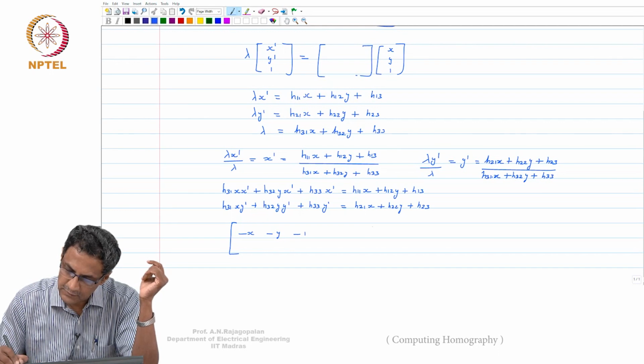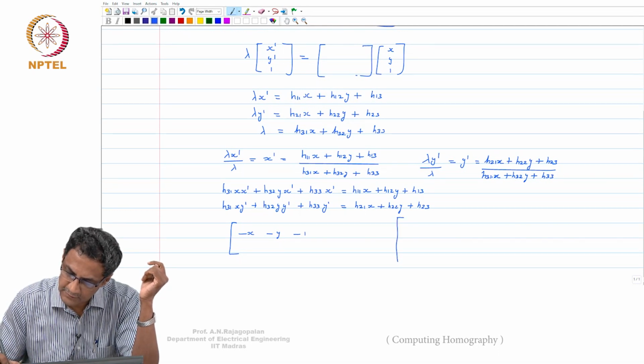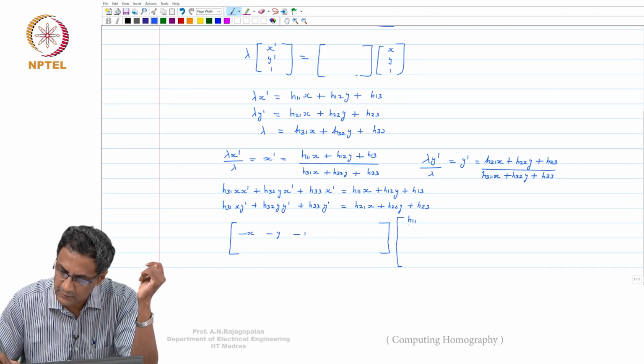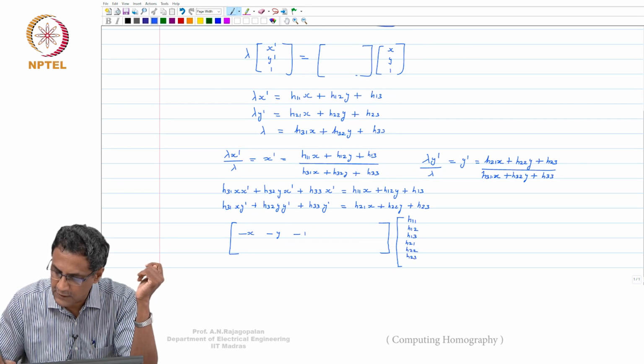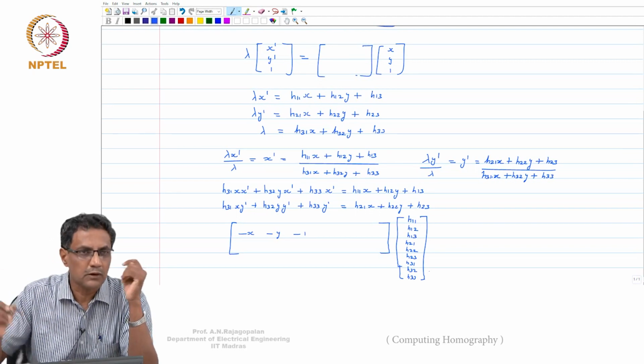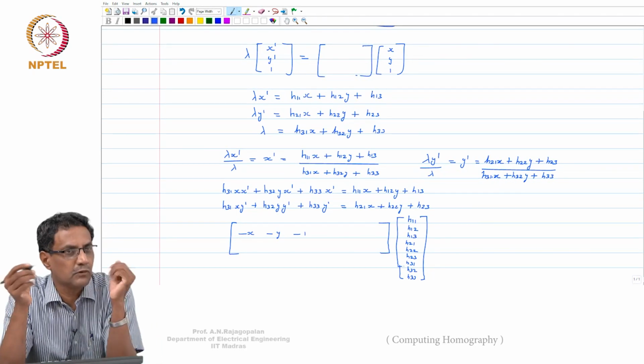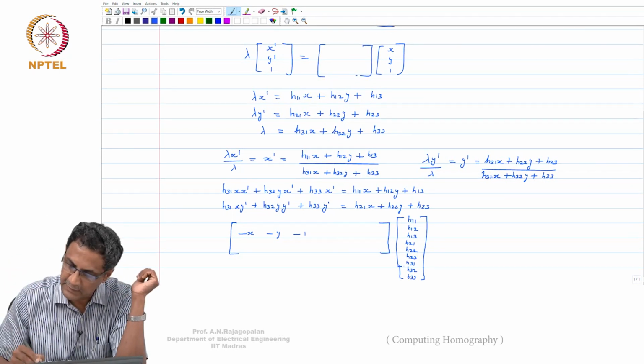Assume that you have this matrix multiplying h11, h12, h13, h21, h22, h23, h31, h32, h33. You can put all your unknowns onto this vector, and we know that this vector needs to be found only up to a scale factor.